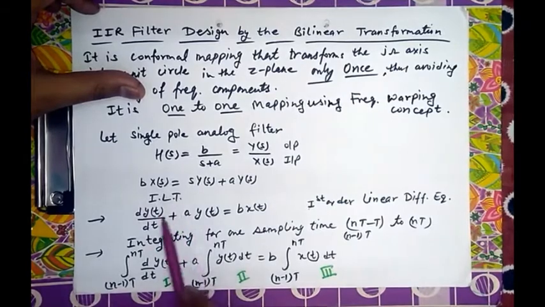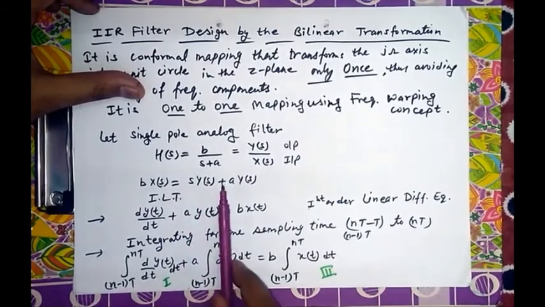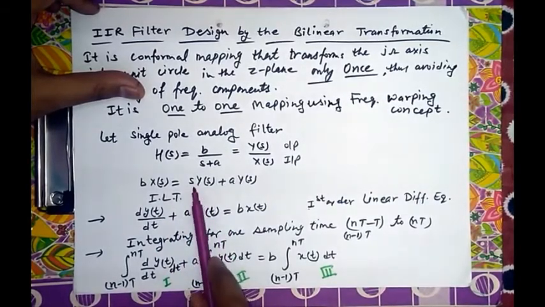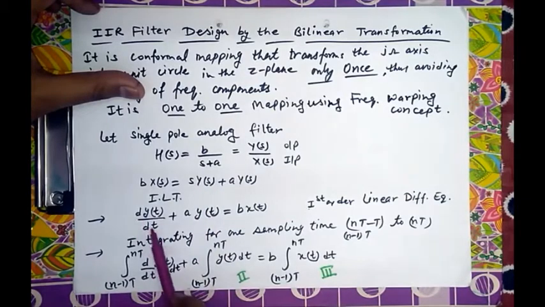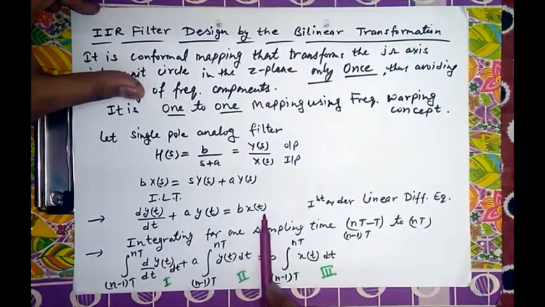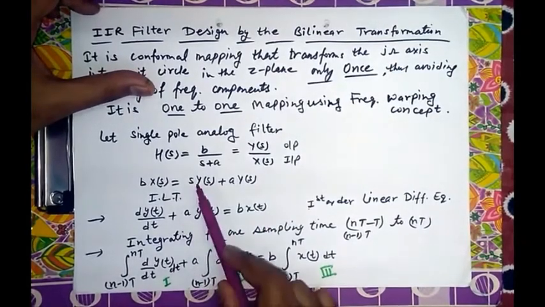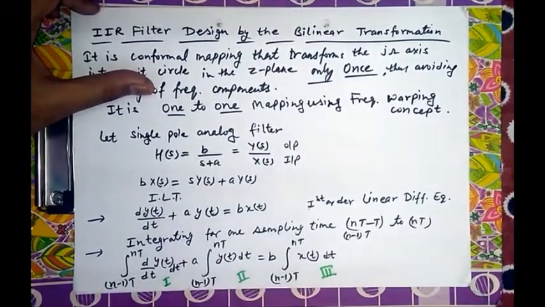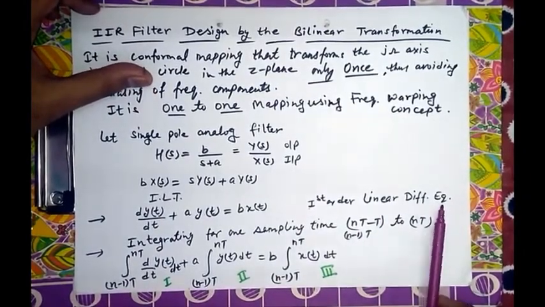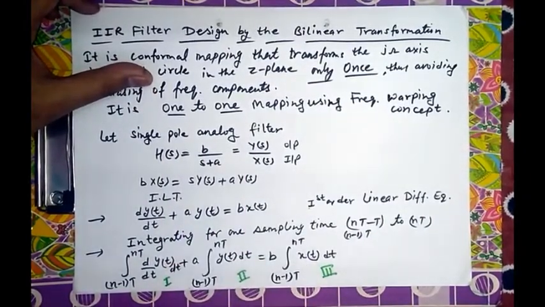Then we have the equation: using the differentiation property of Laplace transform, sY(s) becomes d by dt y(t), aY(s) becomes a y(t), bX(s) becomes b x(t). Now it is a first order linear differential equation, which corresponds to the single pole analog filter.